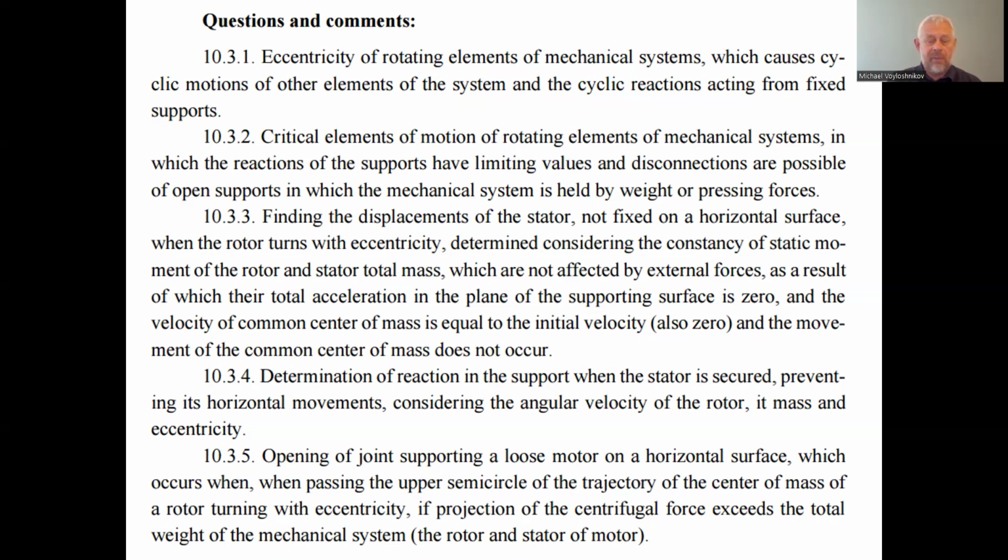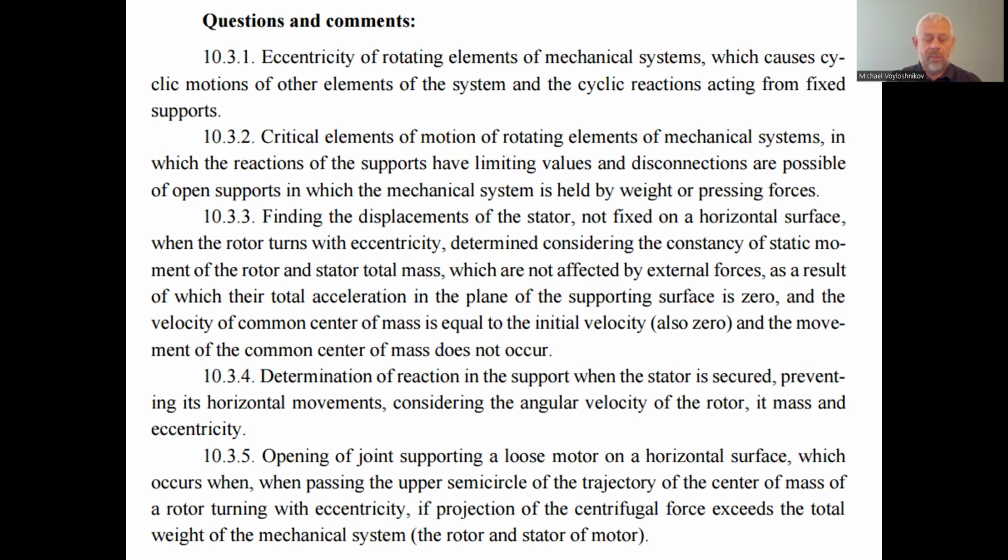The center of mass will move anyway, because of the rotating part with eccentricity. But the stationary part will not move, and in this case we have to include the external force in the equation, and we can define the external force required to constrain displacements in the horizontal or vertical directions.